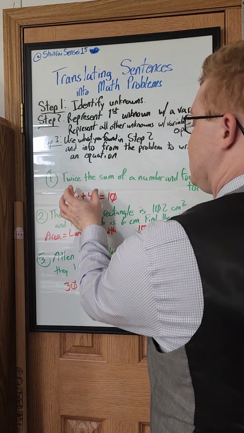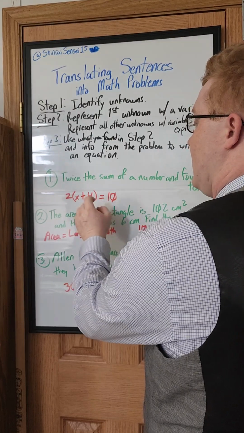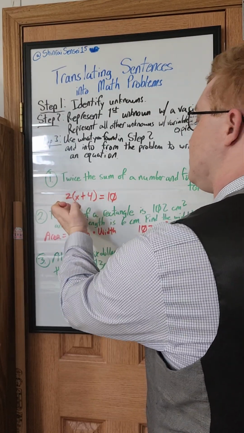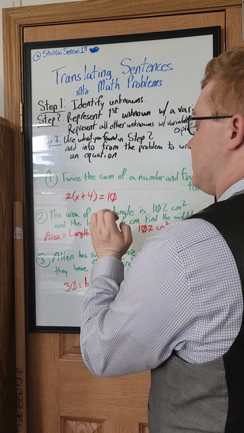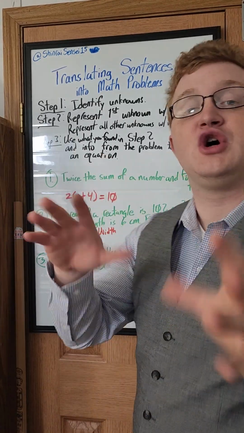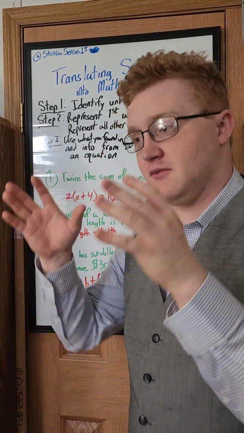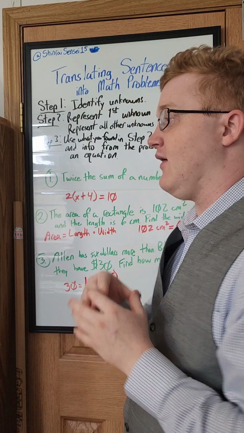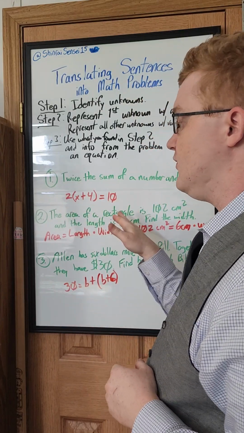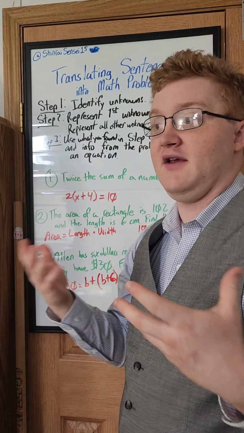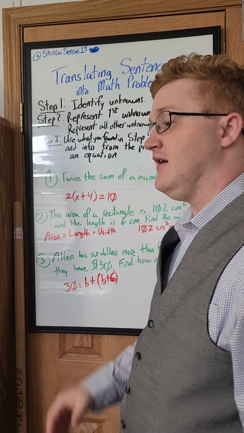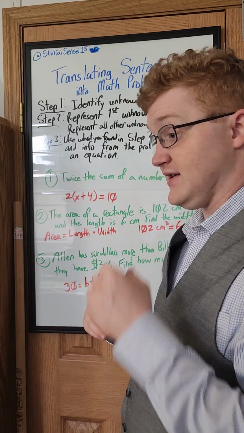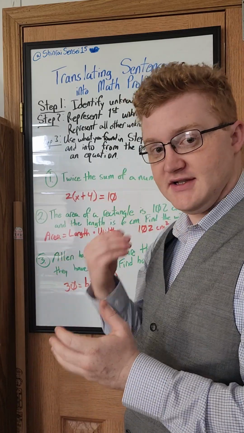And we could solve these if we wanted to, but mainly what we're focusing on right now is translating these into a solvable equation, or even an equation that you can't solve necessarily. Translating this into the equation is the important part today.